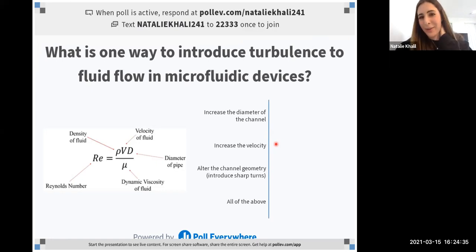Sorry, I forgot to read out the options, but you can either increase the diameter of the channel, increase the velocity of fluid flow, alter the channel geometry, or all of the above.